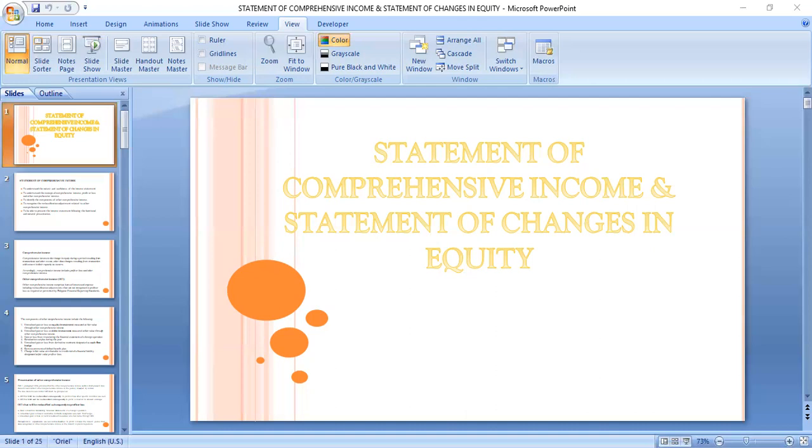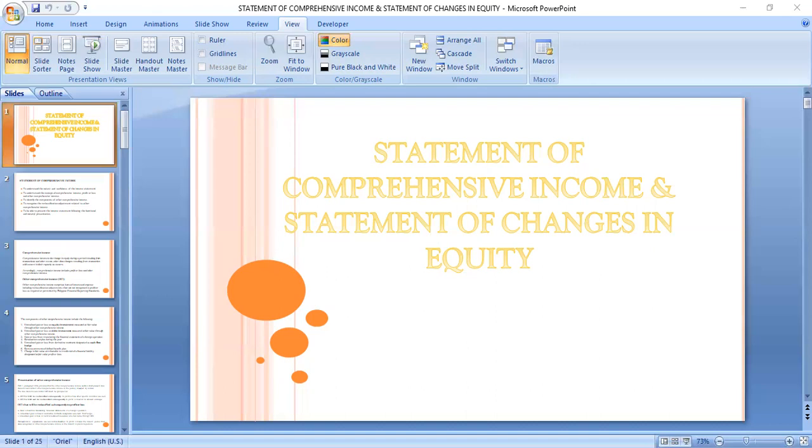The purpose is to provide more comprehensive information on financial performance measured more broadly than the income as traditionally computed. Then we have this statement of changes in equity.